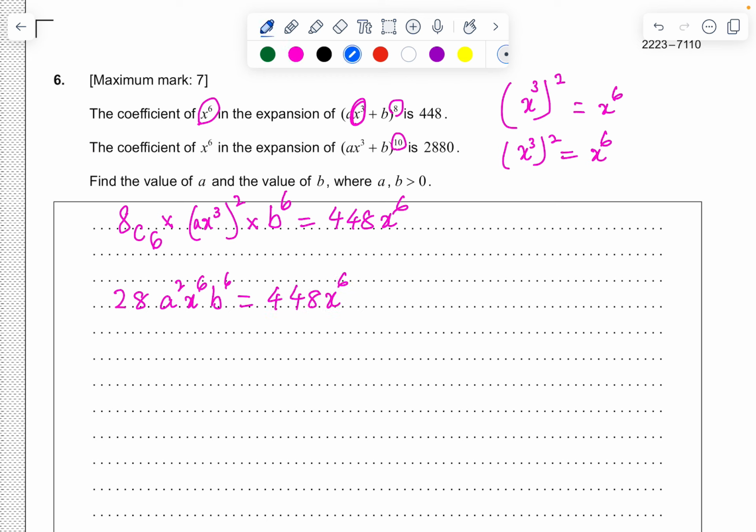So I can simplify this. 28 times 1 and 28 times 16. So now I can write it as a squared b to the power 6 is equal to 16. So this is the first equation we got. Now let us find the second equation.